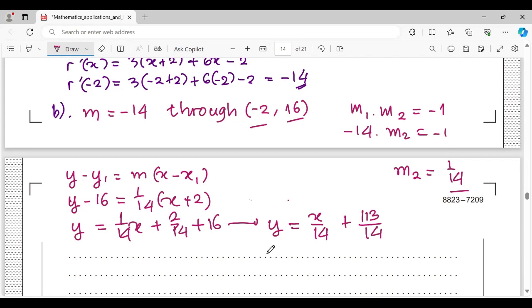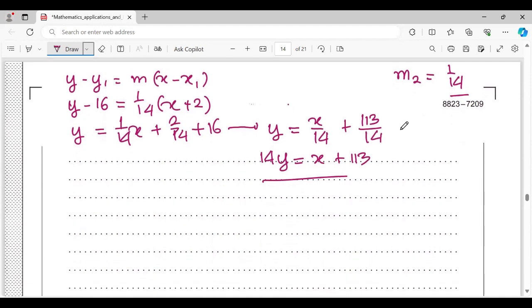Or you can arrange it like this: 14y equals x plus 113, the equation. But the previous equation is correct as well.